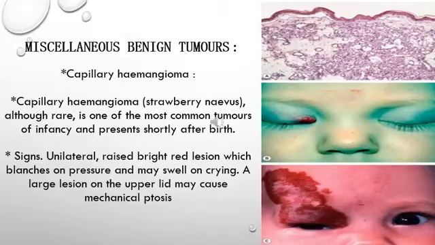For the treatment options of patients with strawberry nevus, we have laser ablation for a small lesion; we may need intralesional steroid injection or systemic steroid, or sometimes surgical debulking by cutting cautery.